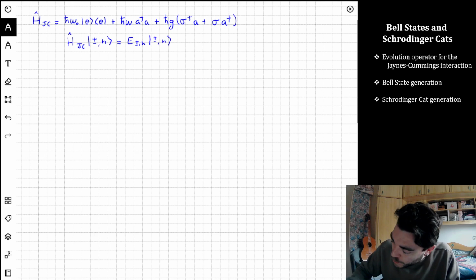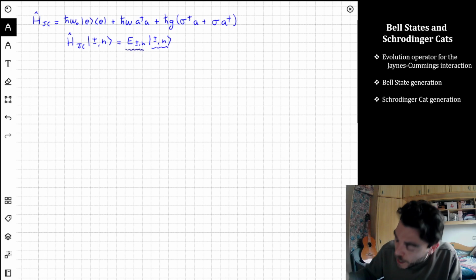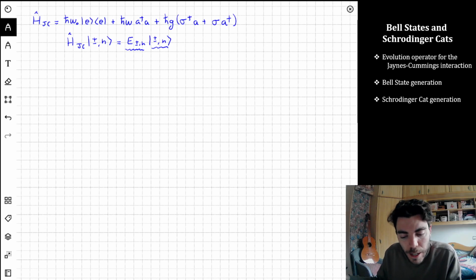In other words, these are the eigenstates of the Hamiltonian, the dressed states, and these are the energies associated with these dressed states.